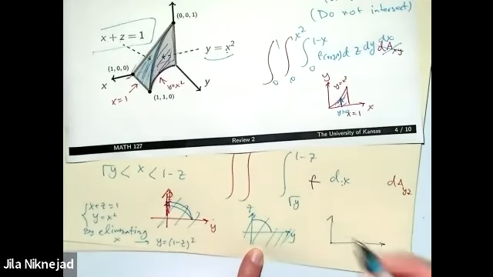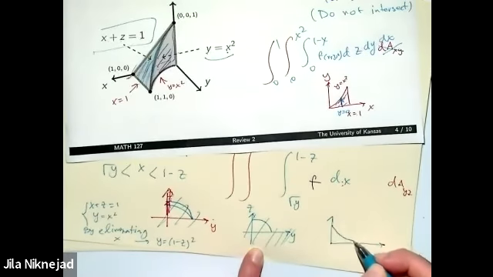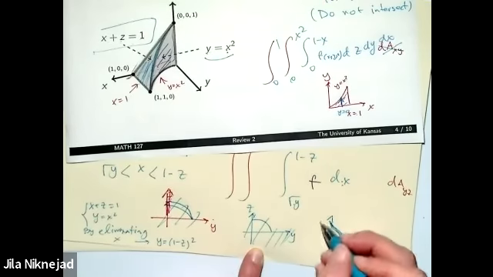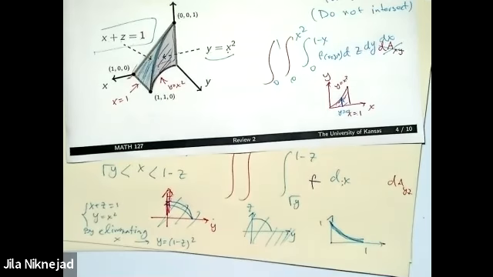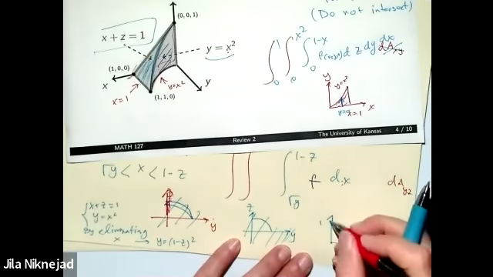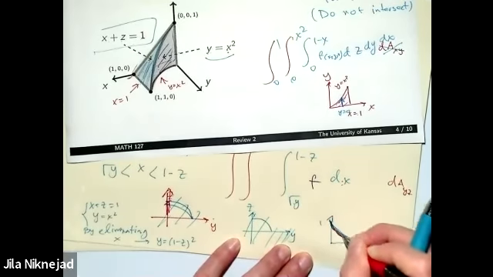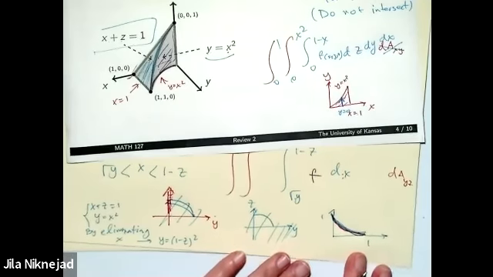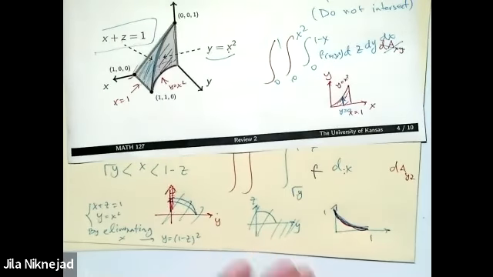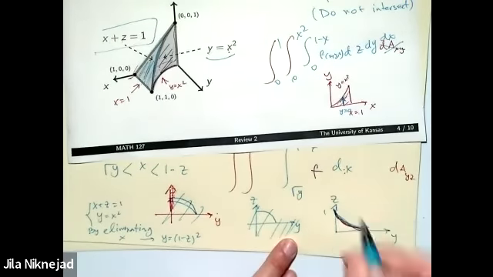It looks like that, z equal to 1, like this. There we go. Better? This is 1 and 1. Okay, so that's the shape, and this is y and this is z.